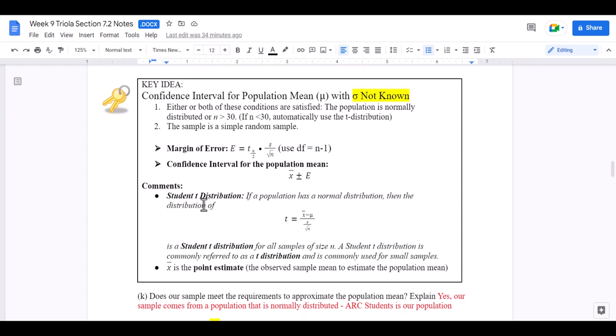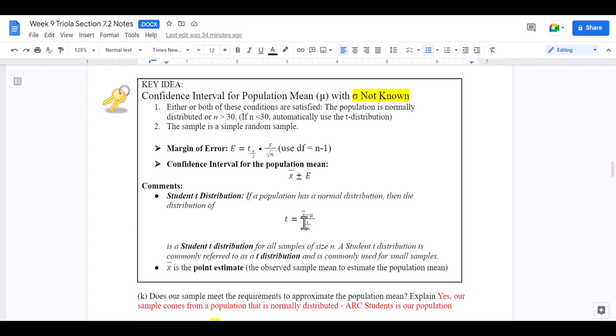Some comments here, the student t-distribution. If a population has a normal distribution, then we can use t equal to this formula. Notice that it looks very similar to our z-score. It's the sample mean minus the population parameter, mu, the population mean, divided by our standard deviation.